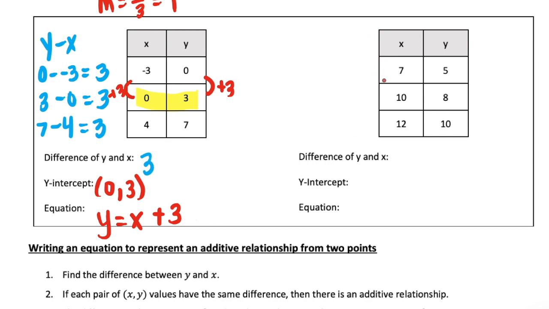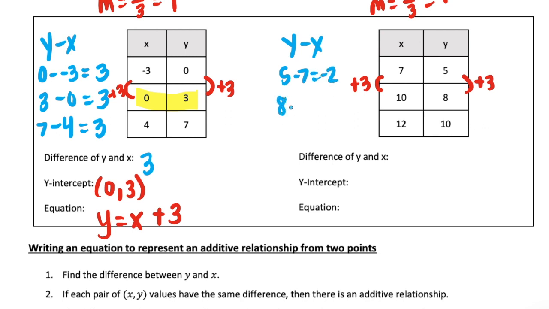When we check this last one, we have adding 3 here and adding 3 here. So again, our slope is 3 over 3, or just 1. And then we want to check our y minus x. That's 5 minus 7, which is negative 2. 8 minus 10 is negative 2. And 10 minus 12 is negative 2.